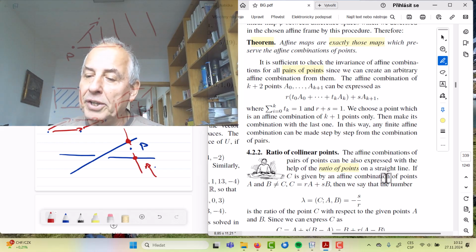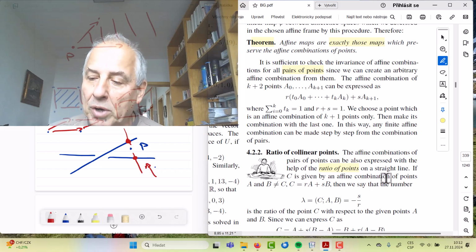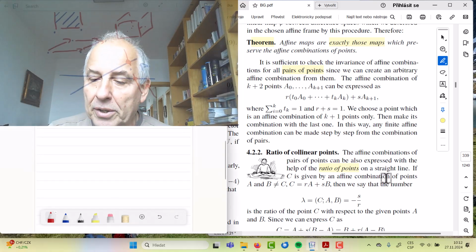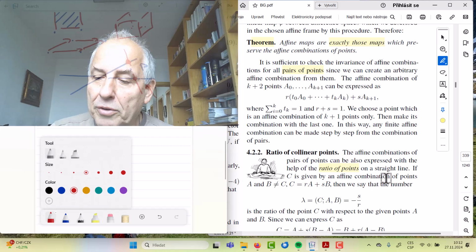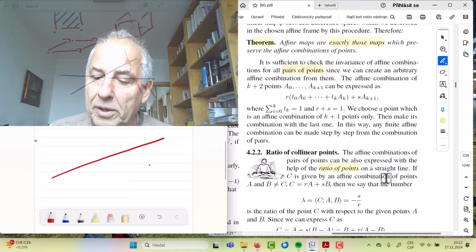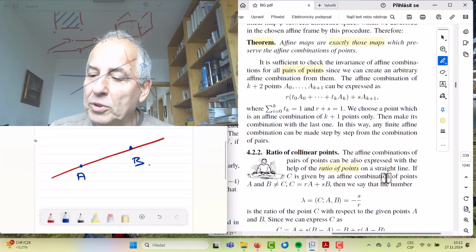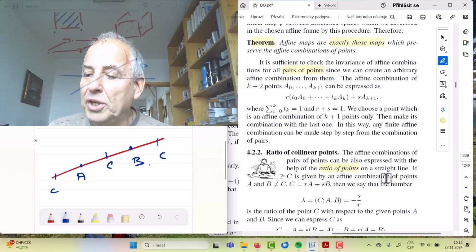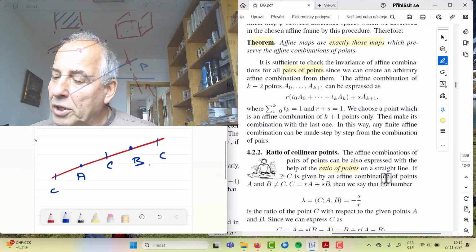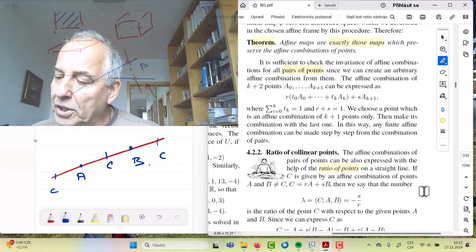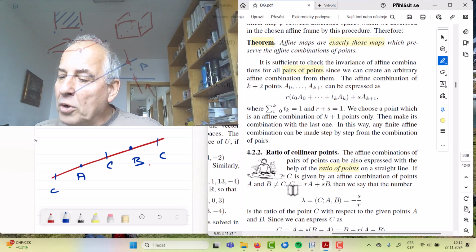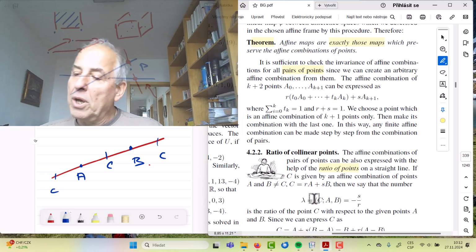So the idea is you have got a straight line, so I will draw a picture for that to see it nicely. You have got a straight line, 2 points there, point A, point B, and then there is a point C. The C might be here, or here, or here, and in every case we just write down the ratio of the point C with respect to A and B, right?